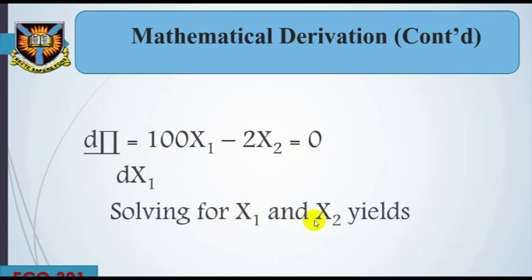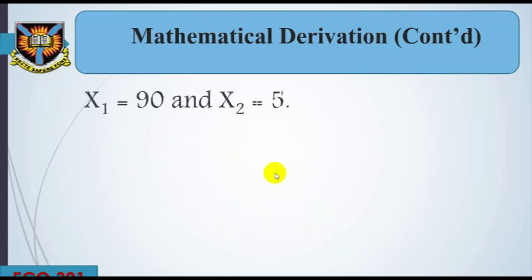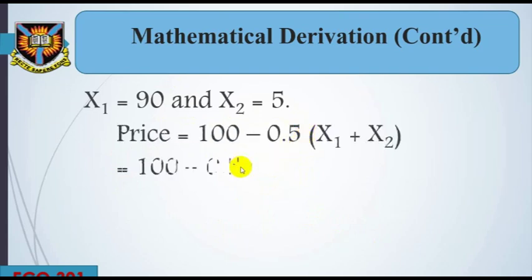Solving for x1 and x2 yields x1 is equal to 90 and x2 is equal to 5. Price is equal to 100 minus 0.5(x1 + x2) is equal to 100 minus 0.5(90 + 5) is equal to 52.5.